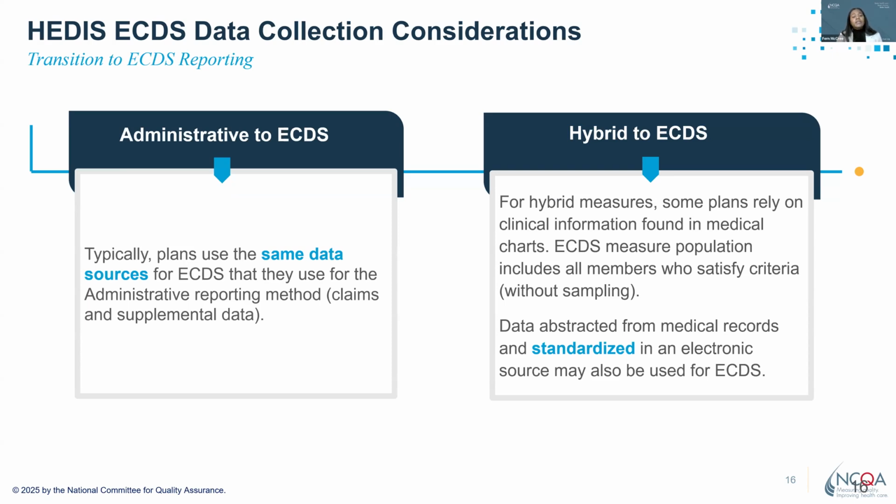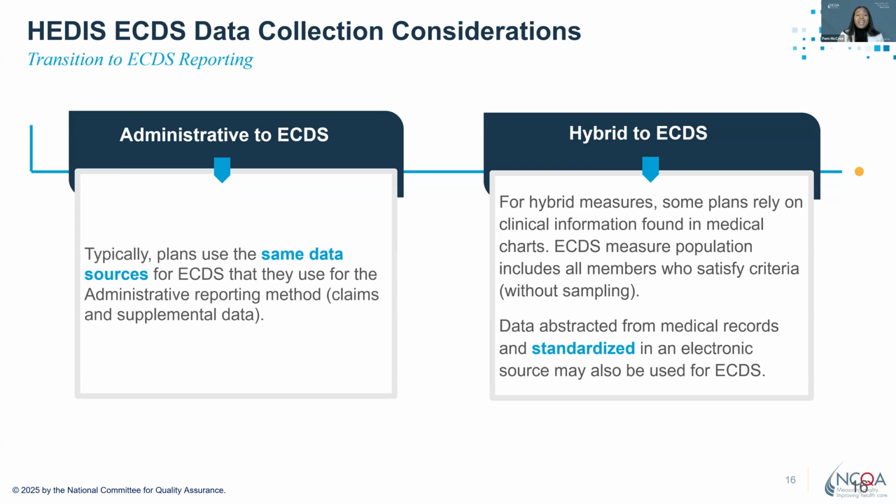In contrast, the hybrid measures moving to ECDS might be more complex. We know some plans may rely heavily on clinical data pulled from the charts, while others may not. So it depends on the measure and the measure concept.